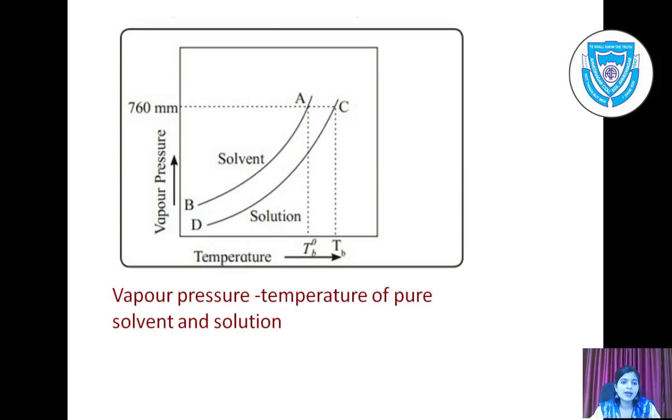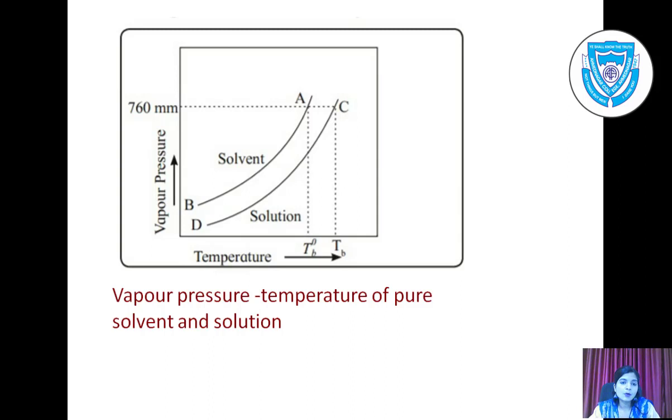If you see properly, we have two curves, curve CD and curve AB. What do you see first when you see this graph? That curve CD is lower than curve AB. It lies below. Curve CD is of the solution, and curve AB is of the pure solvent.